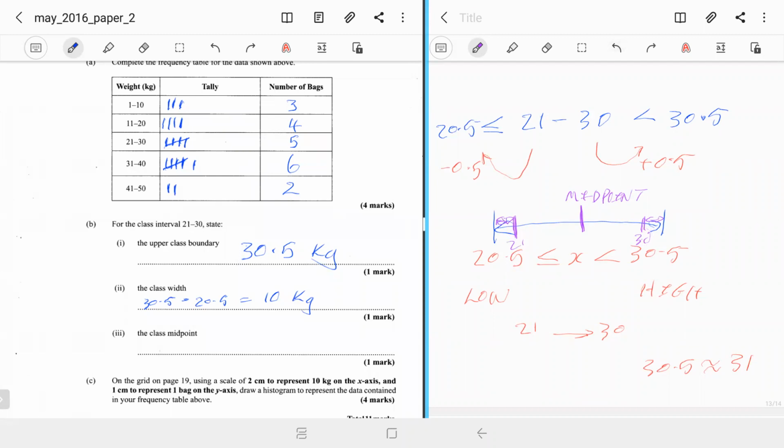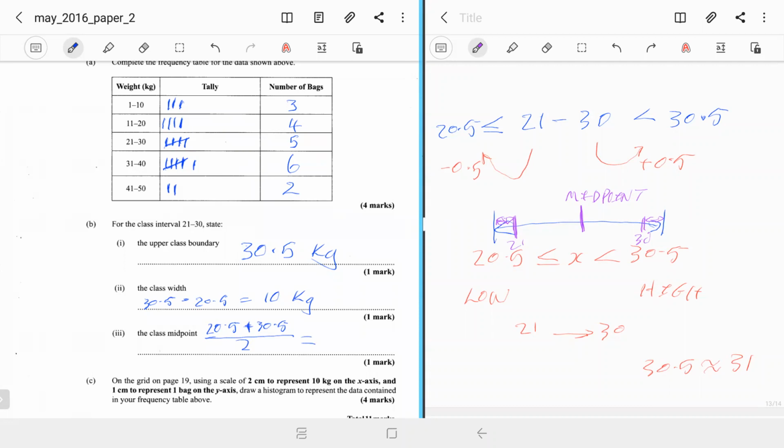But by definition, because it is the middle point between the boundaries, it becomes 20.5 plus 30.5 divided by 2. That's a halfway mark between two things, the average of them. The halfway mark between two values is the average of the two values.